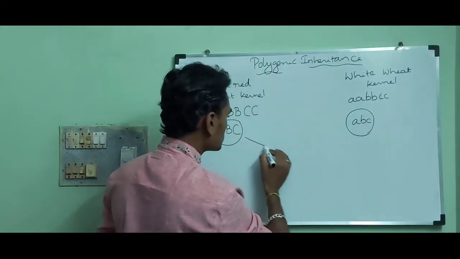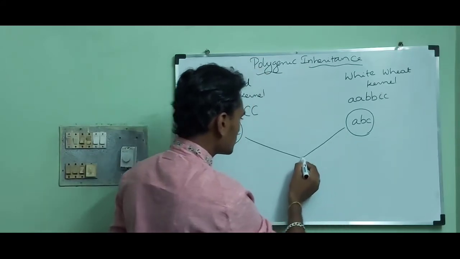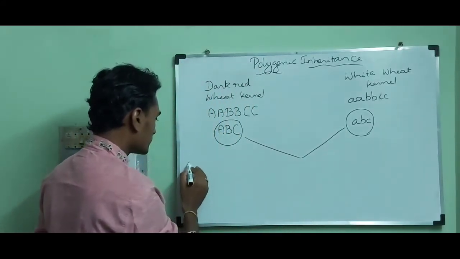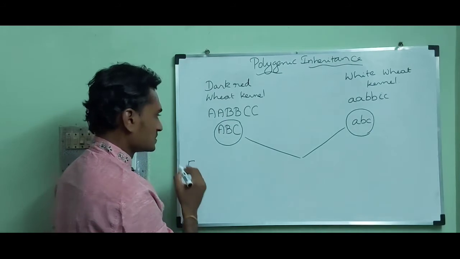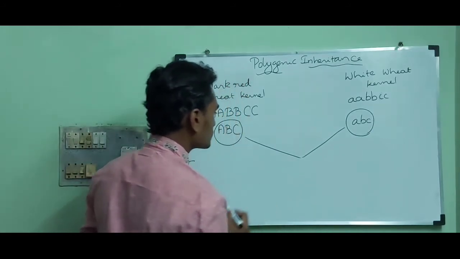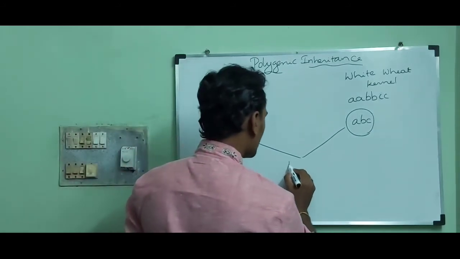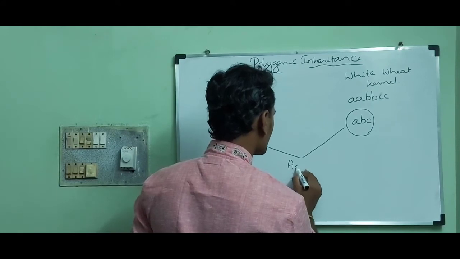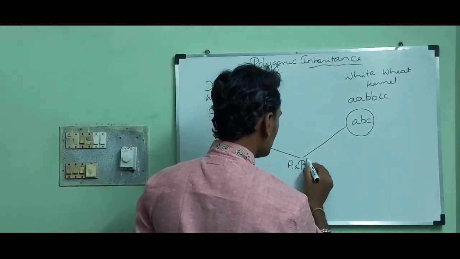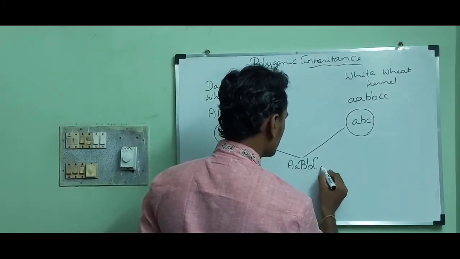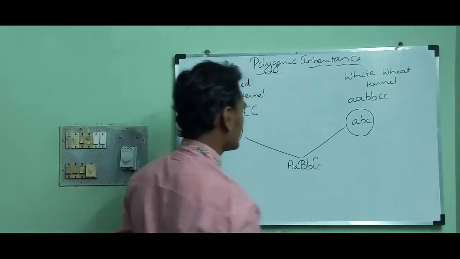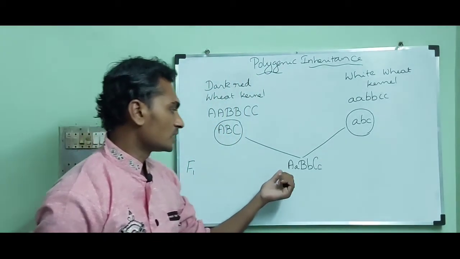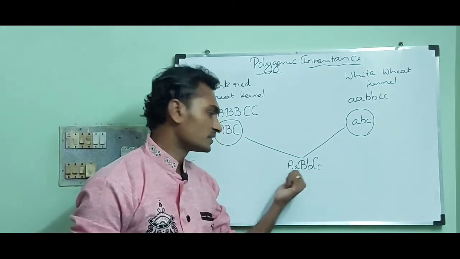Then these two gametes fuse, resulting in the development of the F1 generation, and it shows the genotype capital A, small a, capital B, small b, capital C, small c. Here we can observe three dominant alleles.